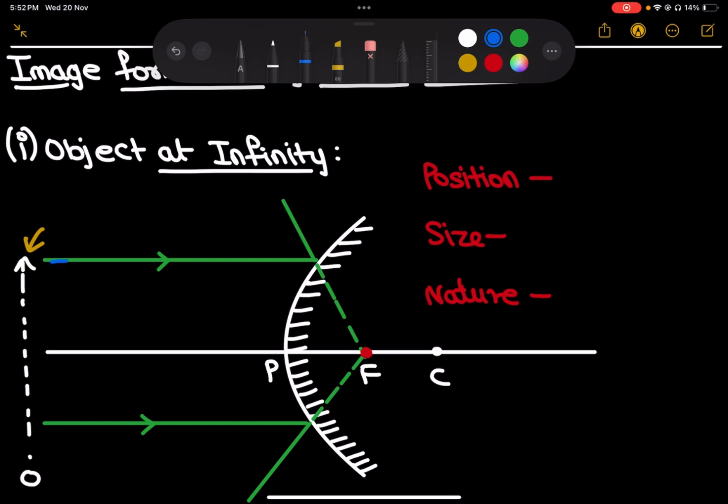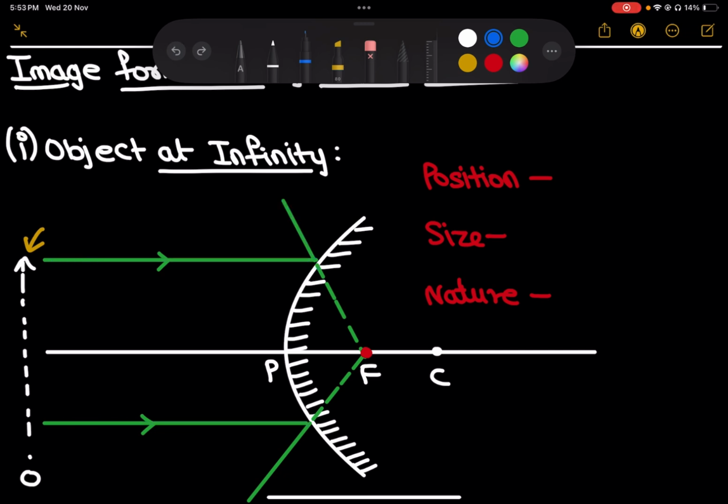So here the 2 rays I have drawn are coming like this, and they get diverged, or they get reflected back, and both of the reflected rays can be traced back to the focus. Similarly for this one, right? So hence we know that the image has been formed at the focus, okay?